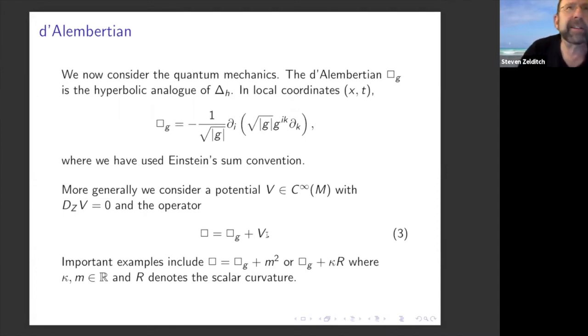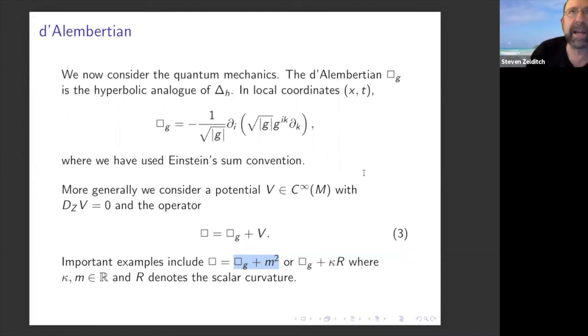And Alex Strohmaier, for example, is adamant about this because physicists like to add in the scalar curvature to make the conformal wave operator, and that uses scalar curvature for V. To date, the only one we really studied in detail is adding a constant. We add box plus m squared. That's called the Klein-Gordon operator. And okay, so we're going to talk about that in a moment.